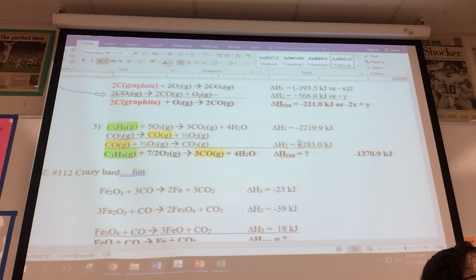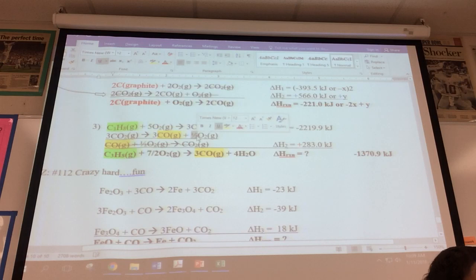But what else do I need to do? I need to multiply by 3. So that's going to make 3, 3, and 3 halves. And I need to multiply this by 3.